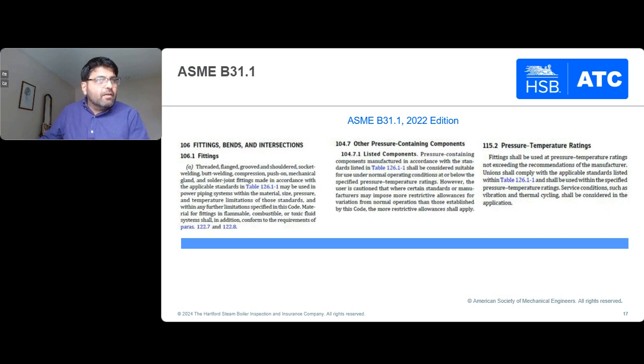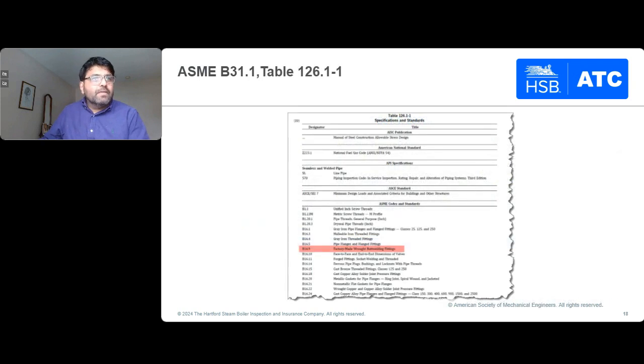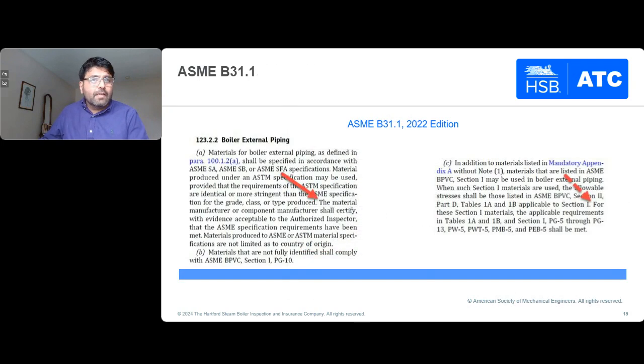But what is common in all of these paragraphs is this reference made to Table 126.1-1. And that is the table where the B16.9 standard is listed. So basically, as long as you bring a fitting in accordance with the standard listed in this table, that would be acceptable for B31.1 applications.